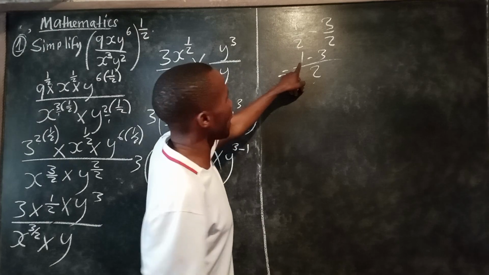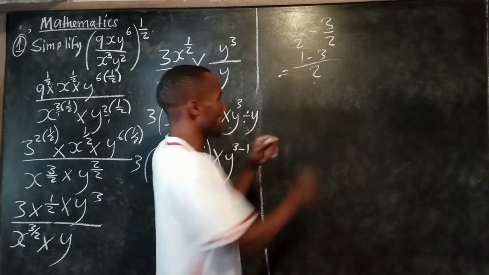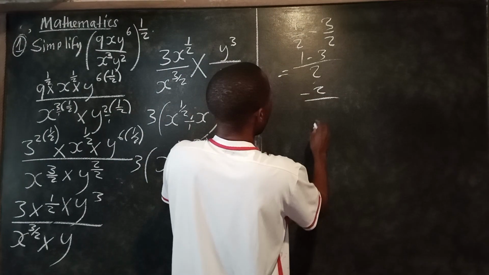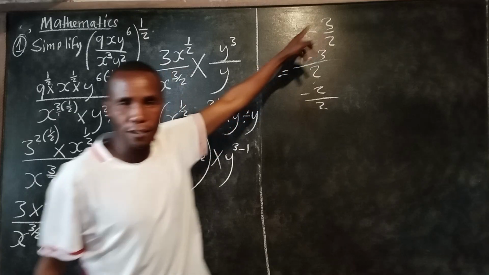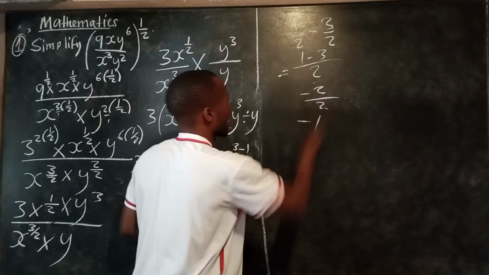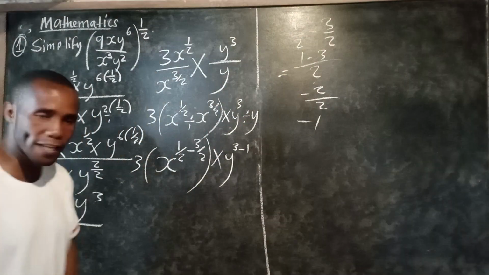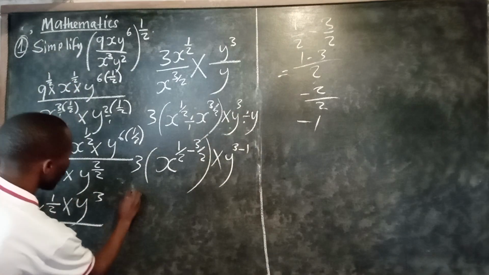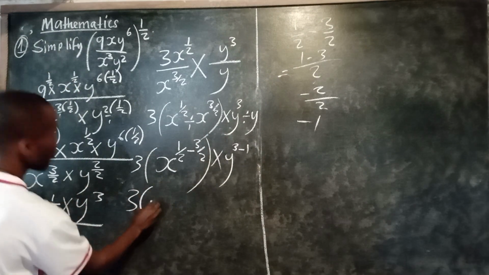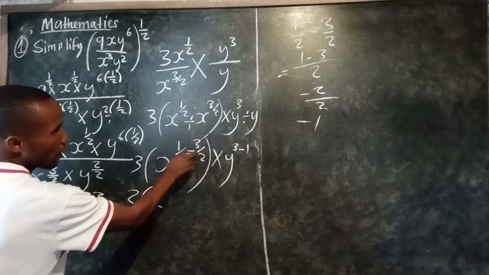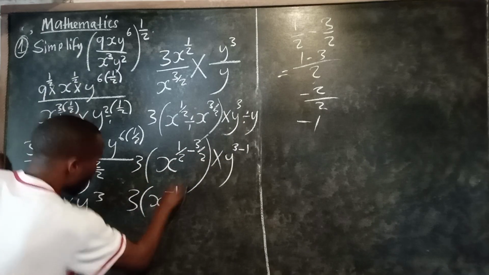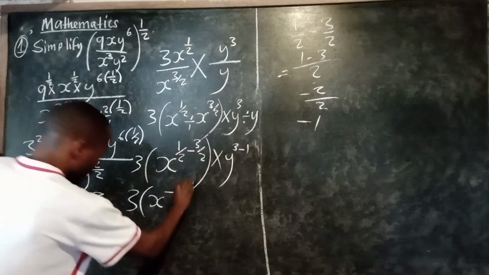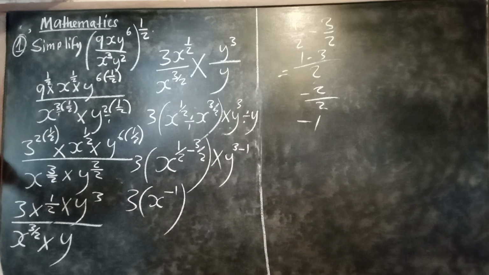Then from there I'll say 1 minus 3 is negative 2 over 2. When we divide by this, we are going to have negative 1. So simply means here we are going to have, when we say 3, there we say x. When we simplify this, the answer is negative 1. So the power here is negative 1. Then we close the bracket.